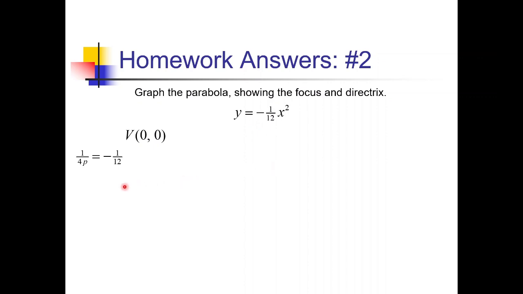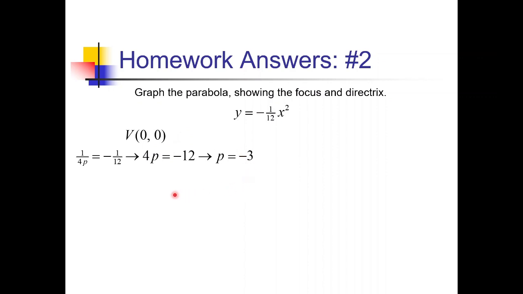If I cross multiply, I see that 4p equals negative 12, which means that p equals negative 3. To get my focus and directrix, I have to add and subtract this p-value to my vertex. And I'm going to be playing around with the y value of the vertex because this is a y equals. It's the same x and y value, but just for accuracy's sake.